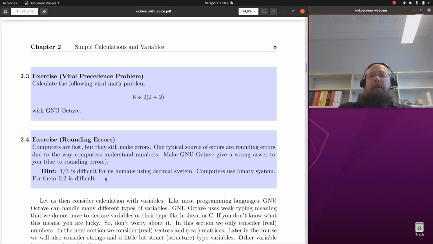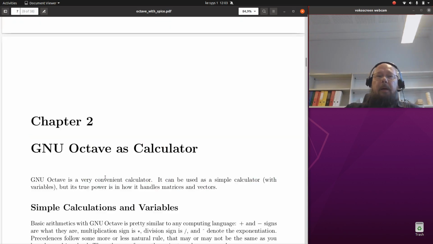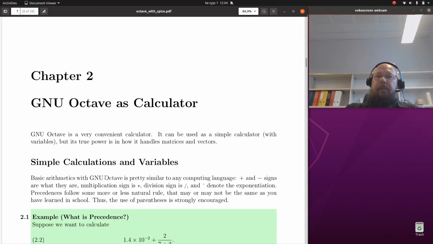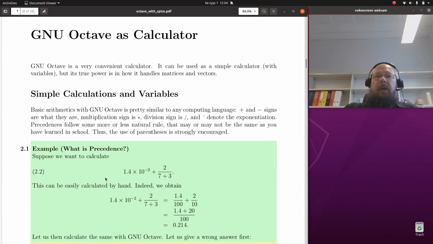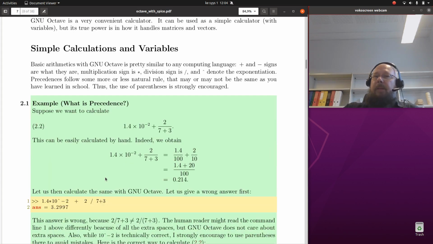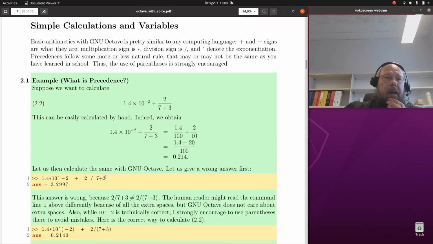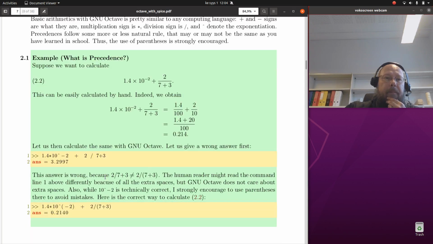Alright, so now we have considered chapter 2, GNU Octave as a calculator, and looked at simple calculations. Basically we have just calculated some simple formulas and looked at the precedence.